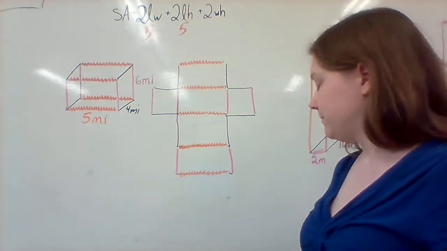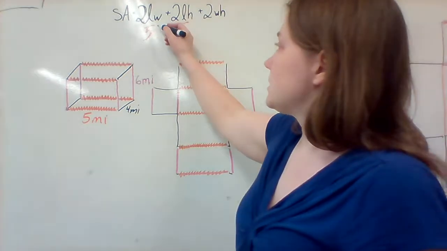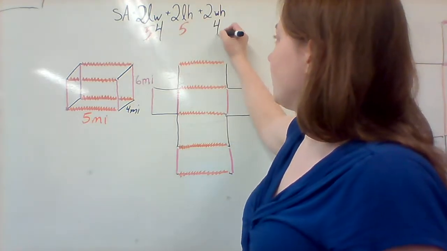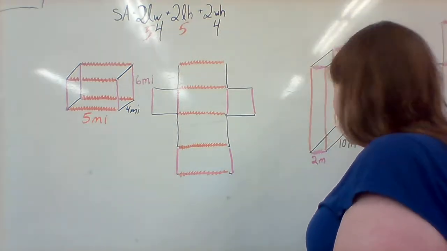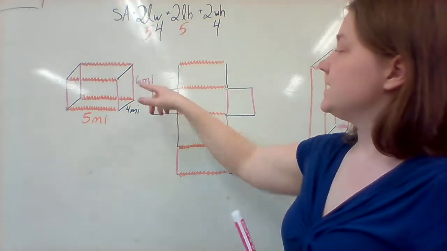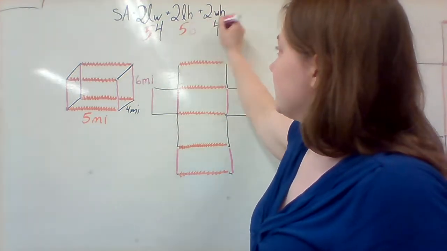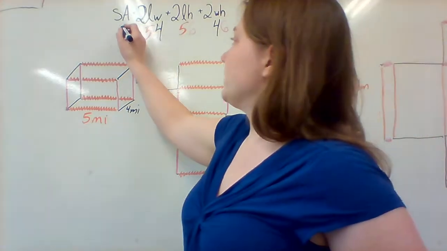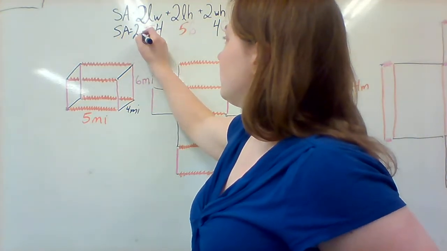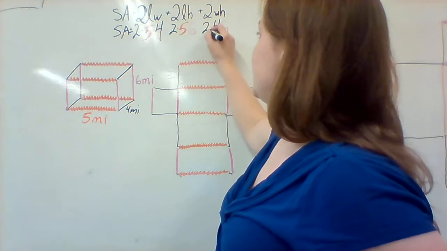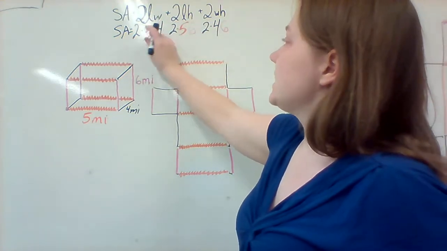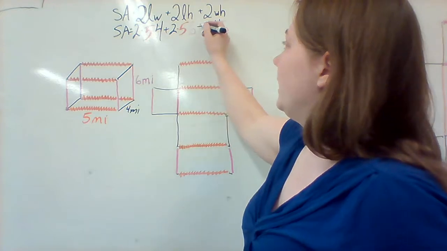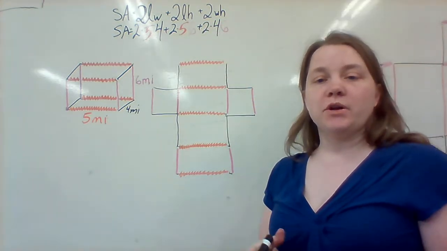My width is 4. So every time I see a W, I'm going to put a 4. My height is 6. Same thing with that. And then we're going to write the rest of the formula. And remember that there's a 2 in each of those. So these individual parts are being multiplied, and then after they're all multiplied, they're going to be added.